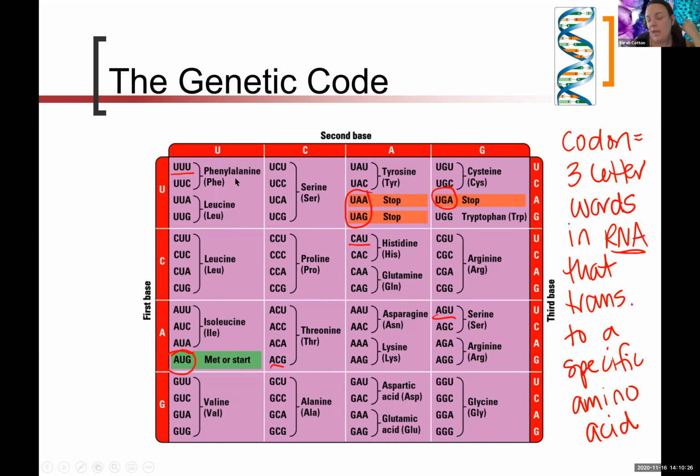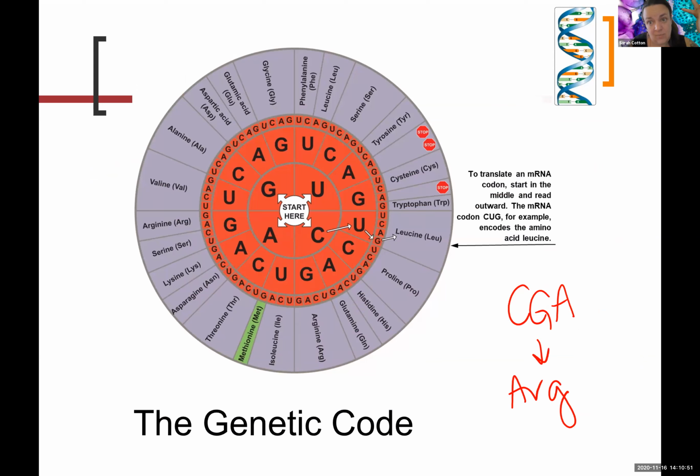So it's redundant, the genetic code, meaning that sometimes multiple codons code for the same amino acid, but it is not ambiguous, because each codon always codes for the same amino acid.